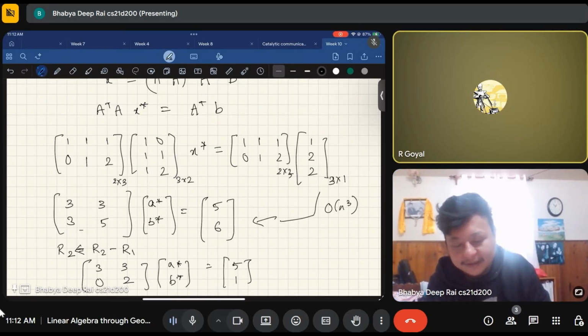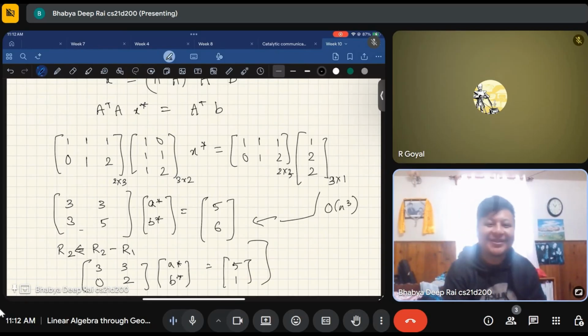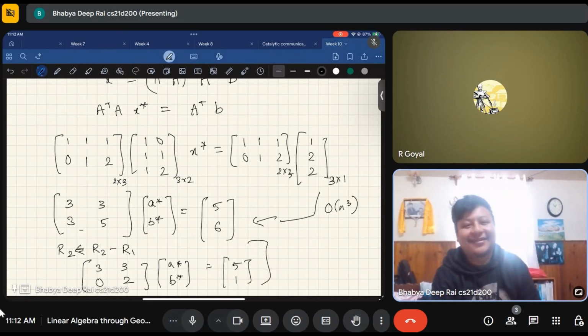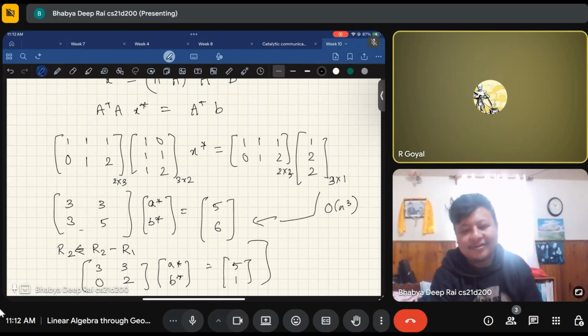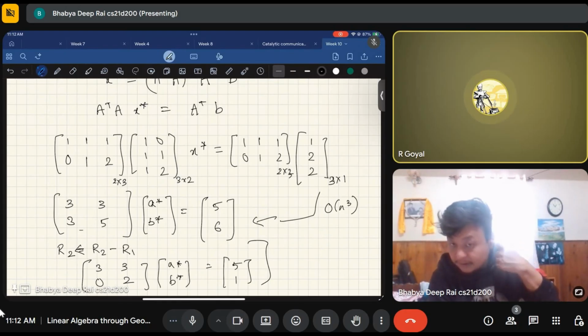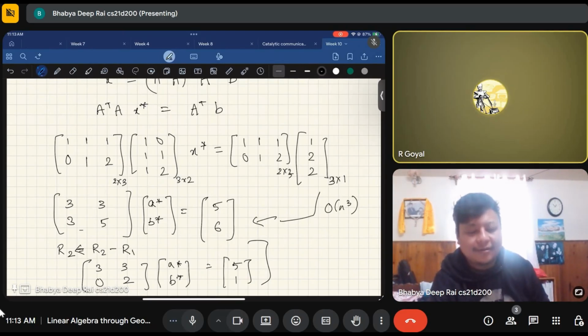And Gaussian elimination, by the way, what is the complexity of Gaussian elimination? Gaussian elimination is a way wherein we are performing row operations. But I don't know how software solves the linear equations, whether through Gaussian elimination or by computing the inverse, because inverse seems more feasible.